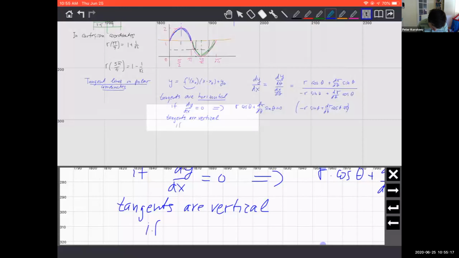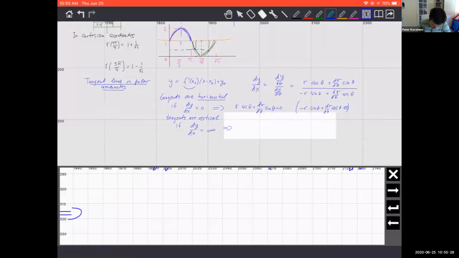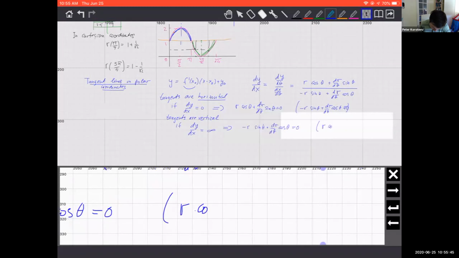And then the vertical case: if dy over dx approaches infinity, these two conditions switch. You want the denominator to vanish, but you also need to require that the numerator is not 0.